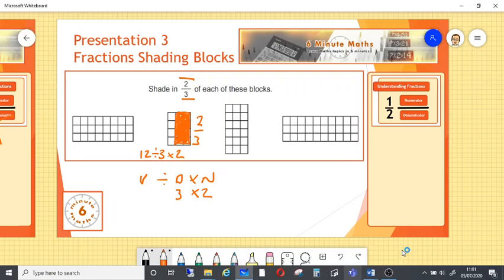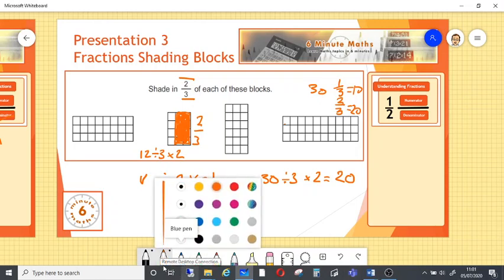But there you go. There's 2/3 of that one. 2/3 of this one. 1, 2, 3, 4, 5, 6, 7, 8, 9, 10. There's 30 blocks. So 1/3 would be 10. 2/3 is going to be 20, isn't it? Let's just see. 30 divided by 3 is 10. Times by 2 equals 20. So I'd need to shade in 20 here. And I am going to select a thicker pen now.